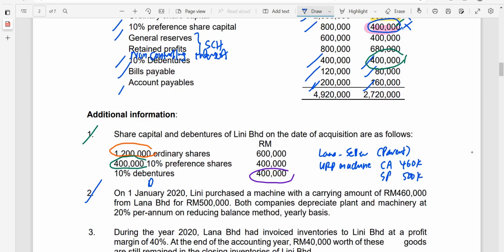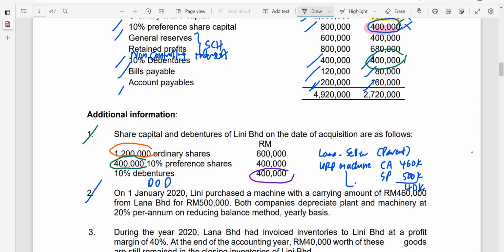You would see that the sales proceeds were 500,000. You need to find out the profit that now needs to be eliminated. So the unrealized profit will have to be eliminated, and the amount would be 40, on the date of disposal, DOD. The carrying amount is given to you, so you don't have to calculate it.